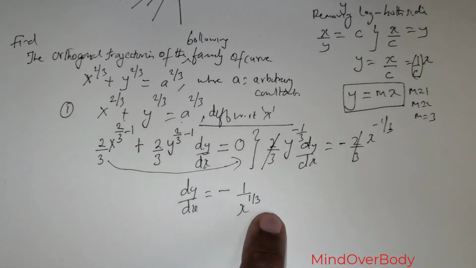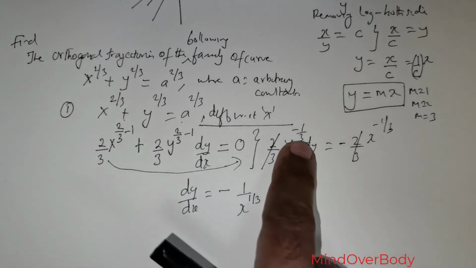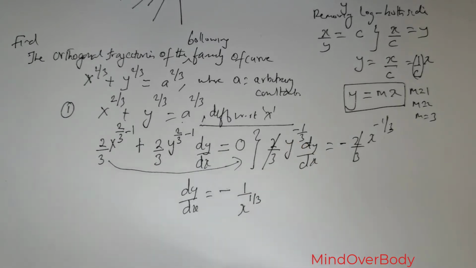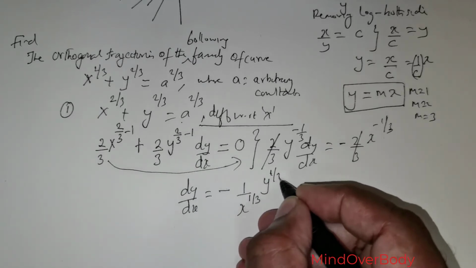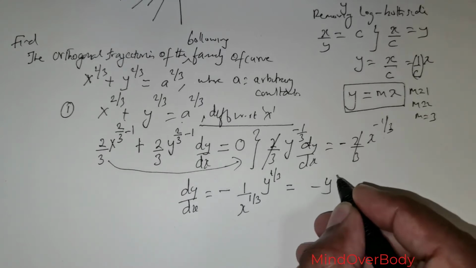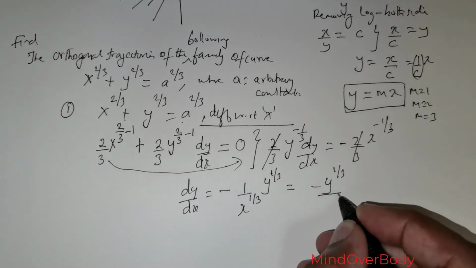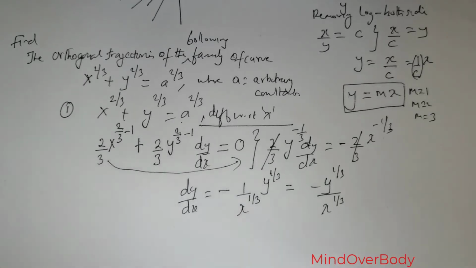If I were to bring this down, it would be in the denominator, but it's got a negative exponent, right? So I can push it to the numerator. So that's going to be y raised to the power of 1 over 3. So this can be rewritten as negative y raised to the power of 1 over 3 divided by x raised to the power of 1 over 3. So this is what I've got for dy over dx.